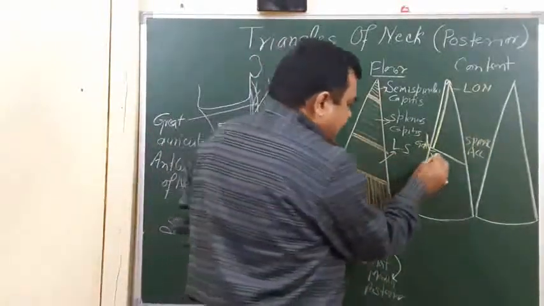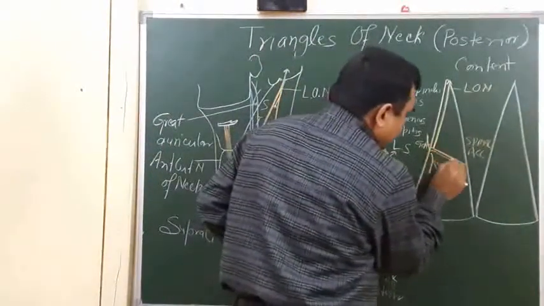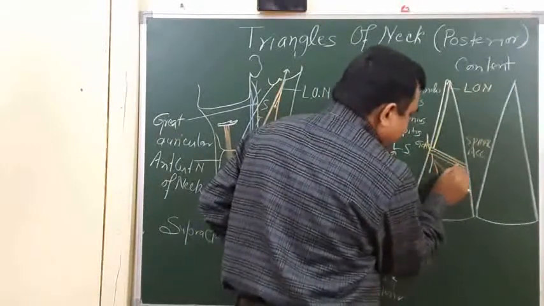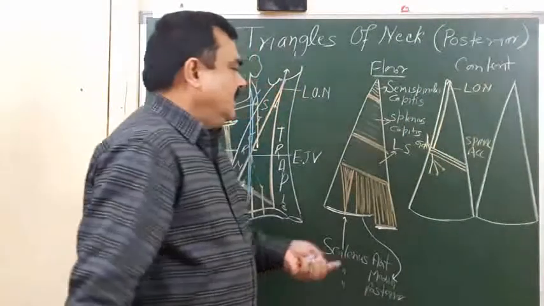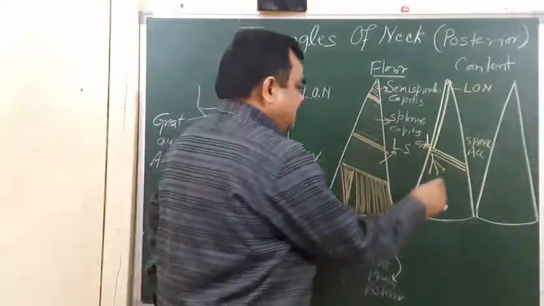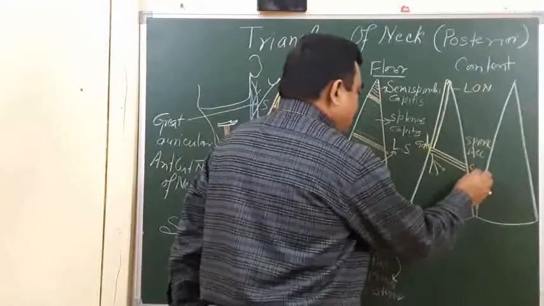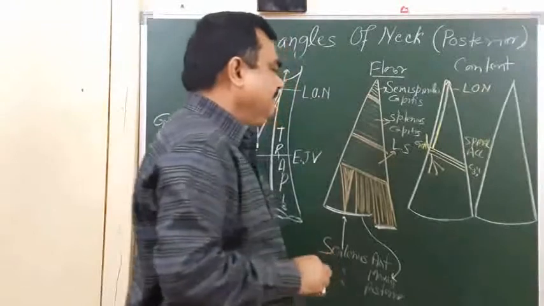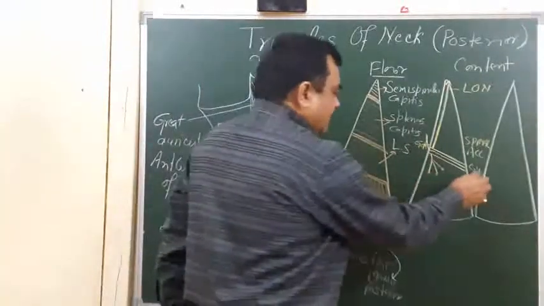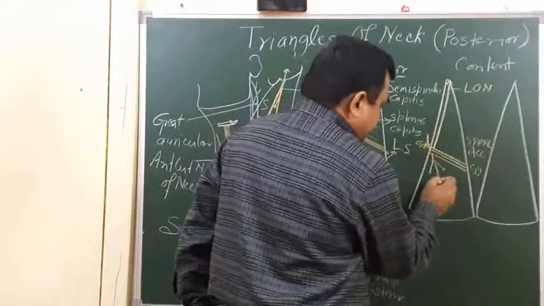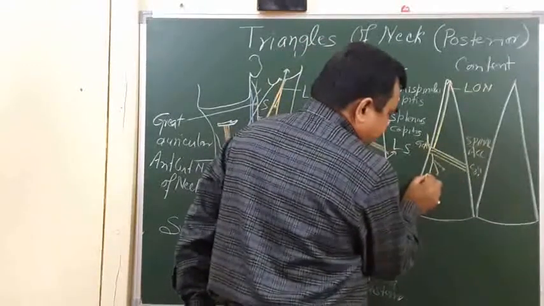It accompanies C3 and C4 nerves, which give supply to the levator scapulae and trapezius. C3 and C4 give supply to the trapezius and levator scapulae.